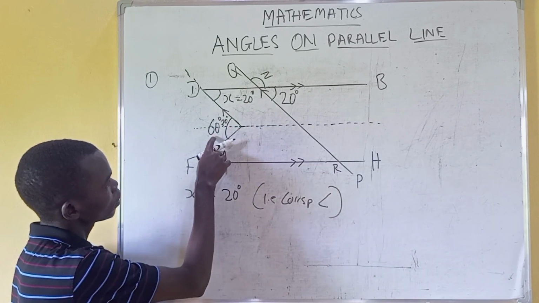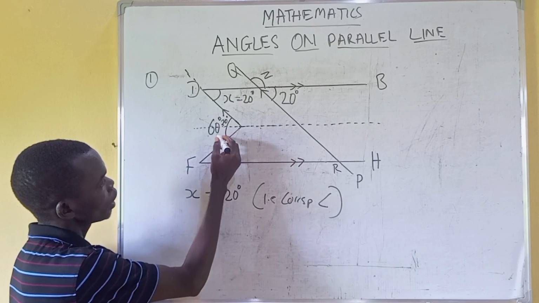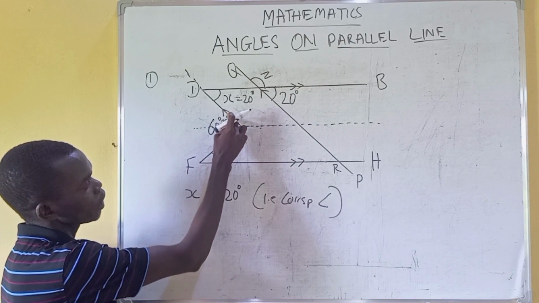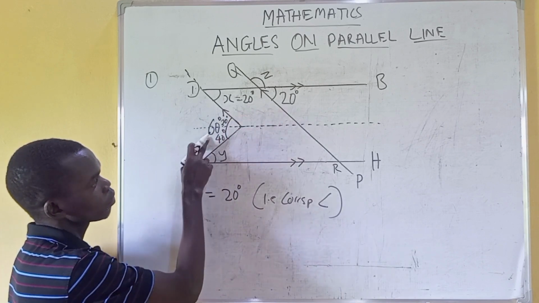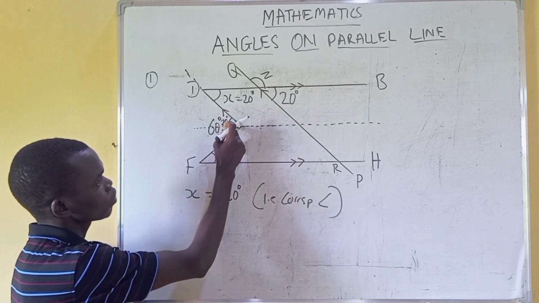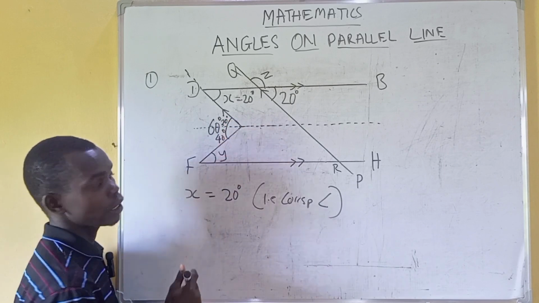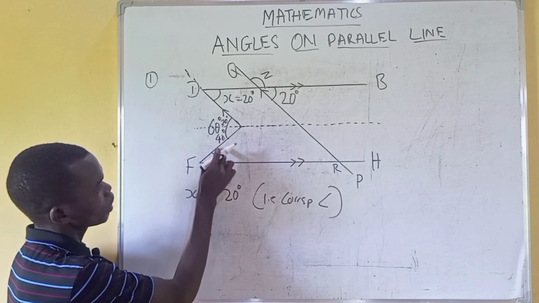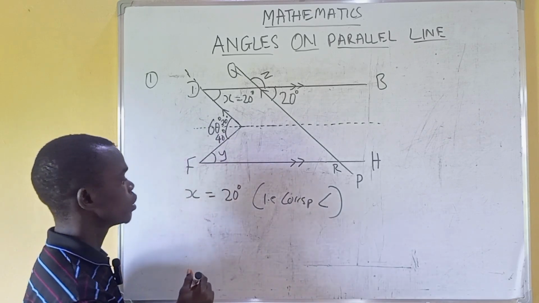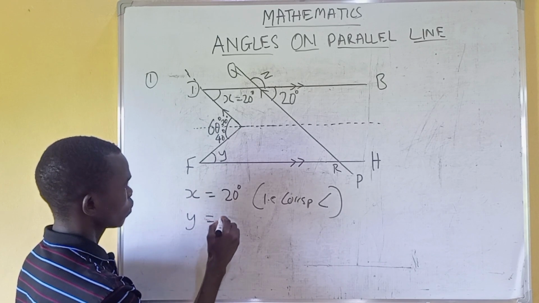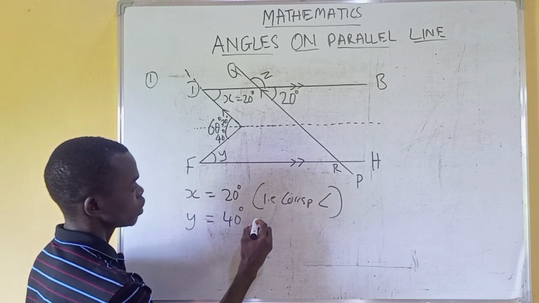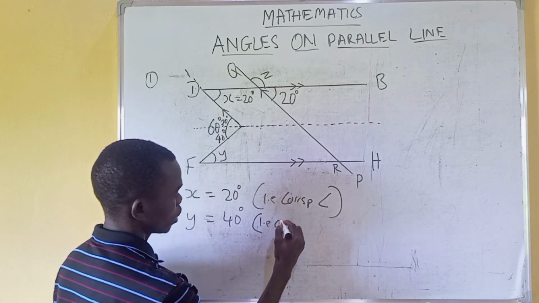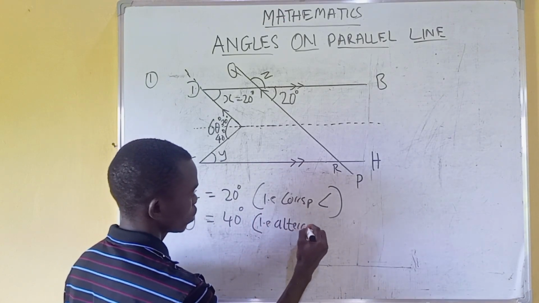If we subtract 20 degrees from 60 degrees, we have 40 degrees, since the angle in this place is equal to 60 degrees. Because when you sum 20 and 40 together, we have 60 degrees. So Y will now be equal to 40 degrees. Y is equal to 40 degrees. That is an alternate angle.